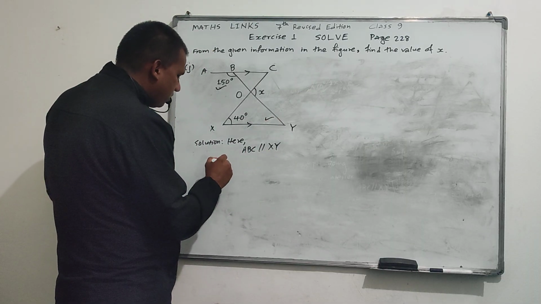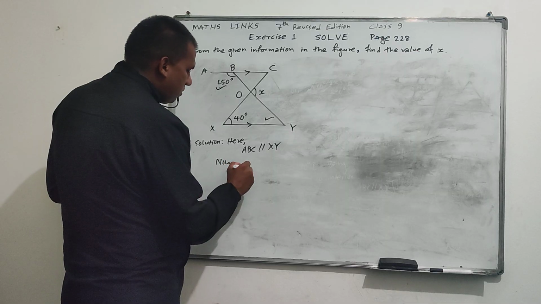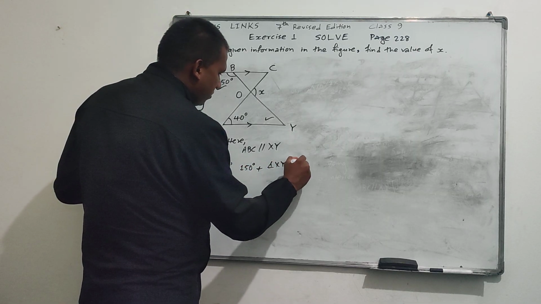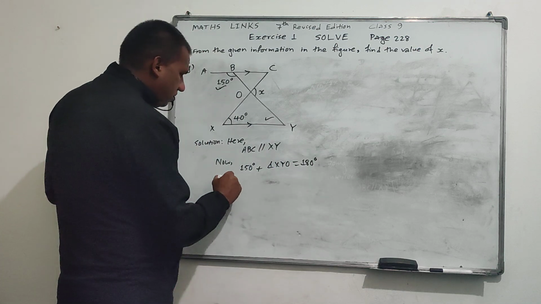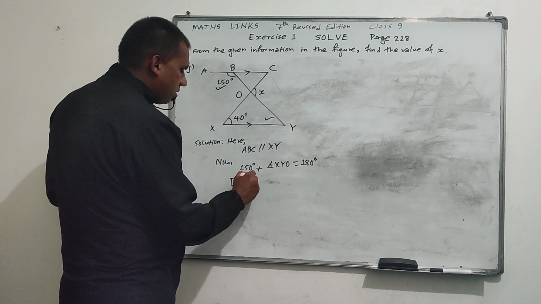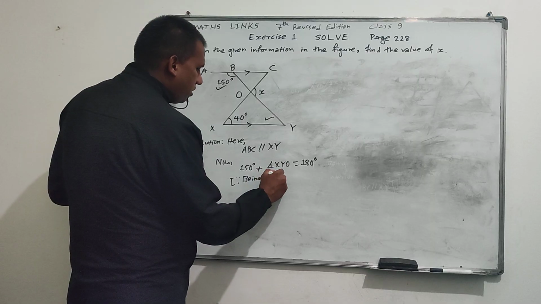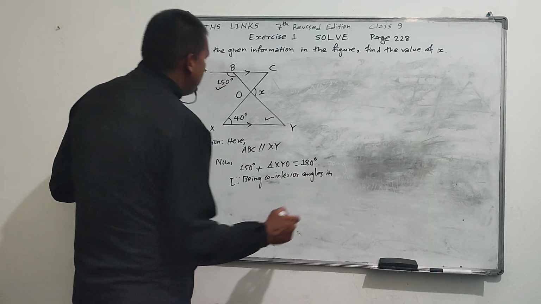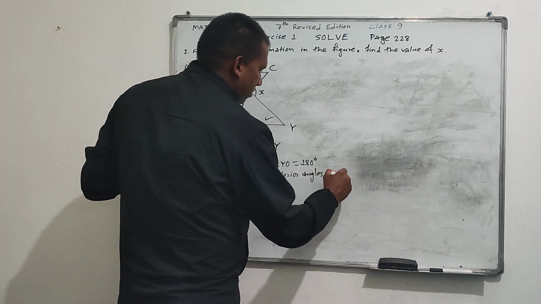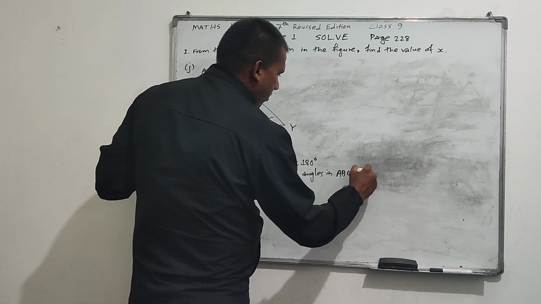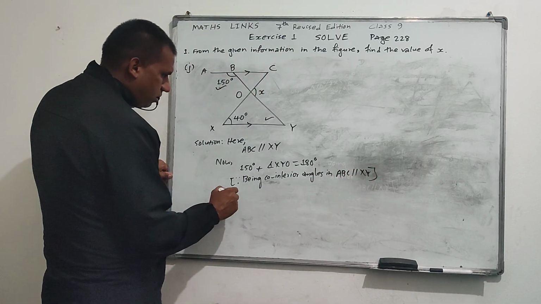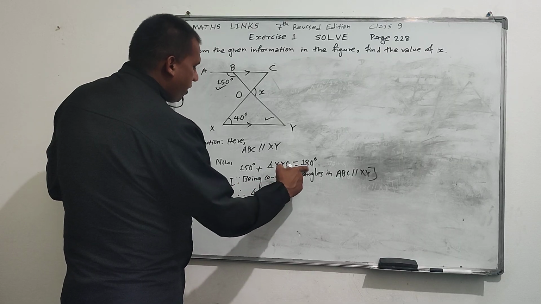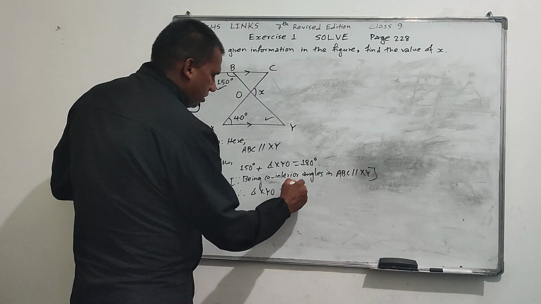So we can write 150 plus angle XYO equals 180 degrees, because they are co-interior angles in ABC parallel to XY. Therefore, angle XYO equals 180 minus 150, that is 30 degrees.